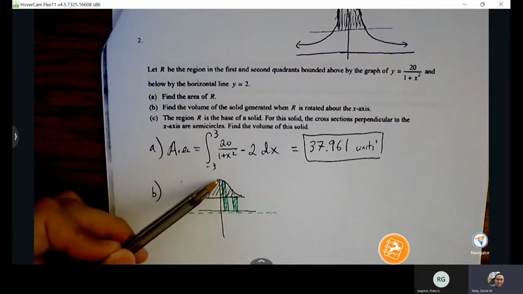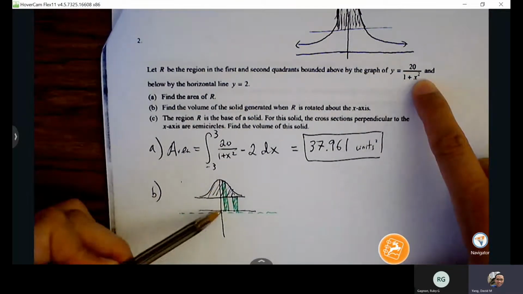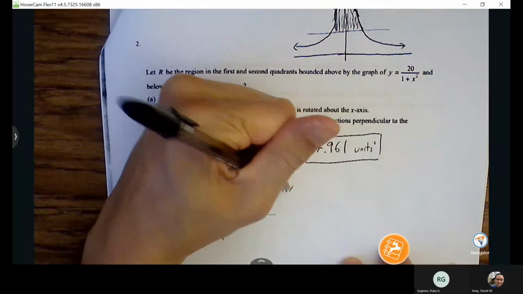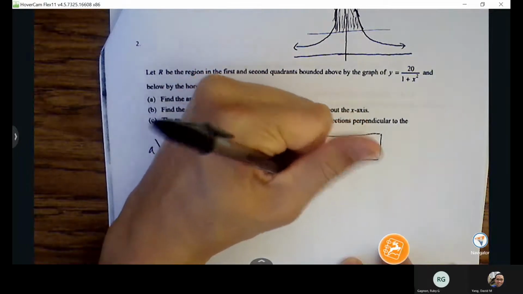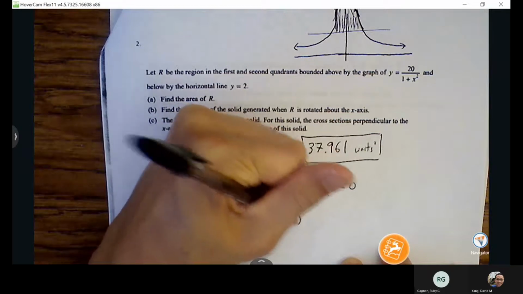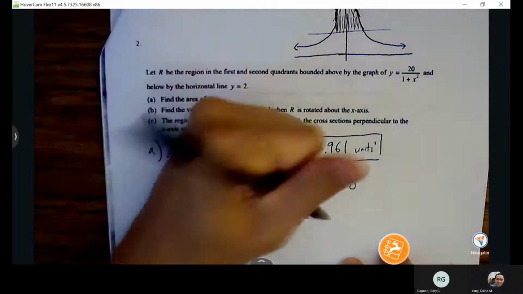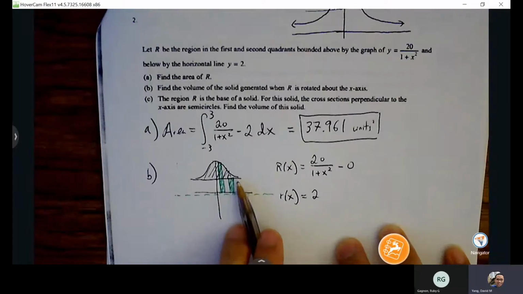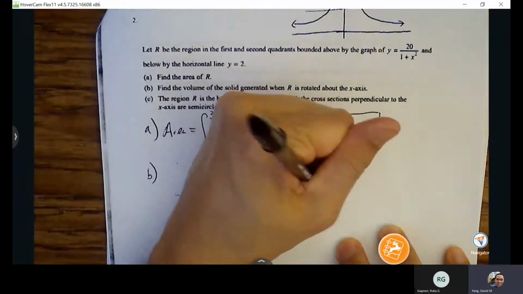Top minus bottom, top is the curve, and the bottom is the zero. Here, the top of the little radius is sitting at 2, the bottom is sitting at 0.